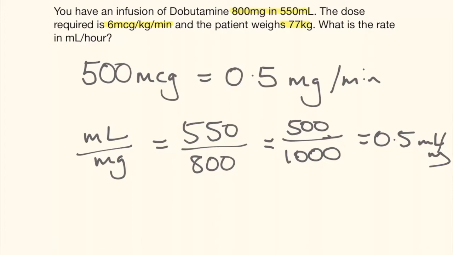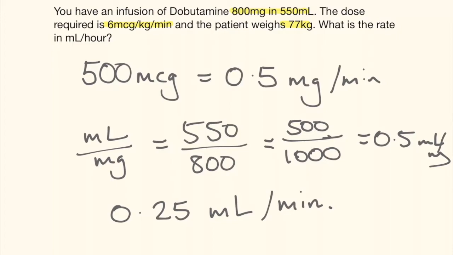So that is going to be a quarter of a milliliter per half a milligram. So that means I need 0.25 or a quarter milliliters per minute. Hope you can see how I got to that. Okay, so I've got a quarter of a milliliter per minute.